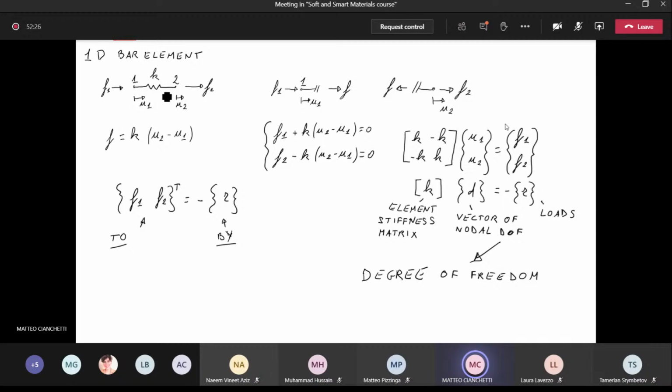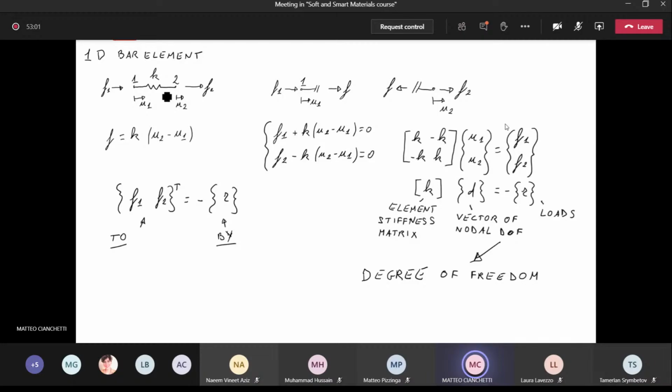In general, this is something that I can anticipate from a lesson that I would have given later on. In this kind of software, and in this kind of problems, for each node there are generally 6 degrees of freedom associated to them. In the simplified problem that we are going to see now, most of the time we are going to restrict the problems to 1 or 2 degrees of freedom for each node.